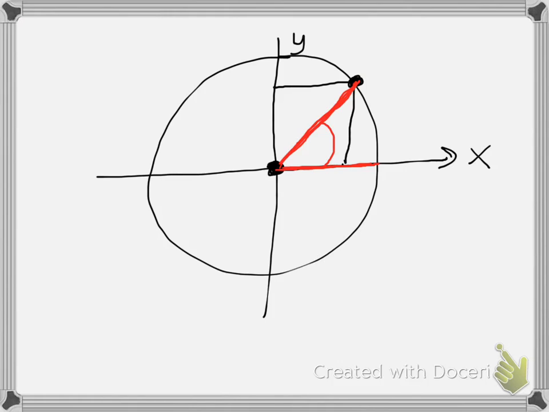So my new line segment makes an angle with the x-axis, an angle of theta. Okay, so we use the Greek letter theta to denote the angle that two line segments make with respect to each other. So now theta is going to be our position coordinate.